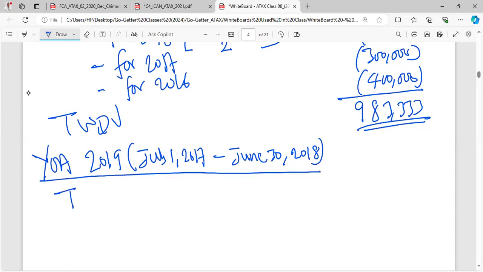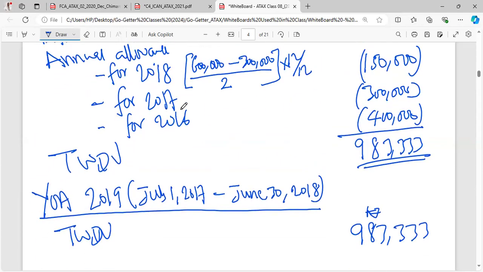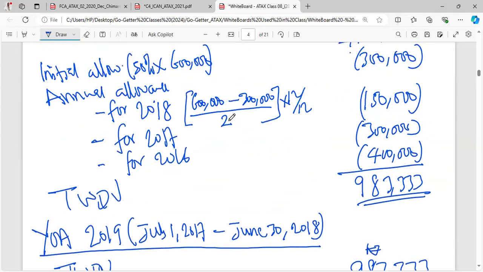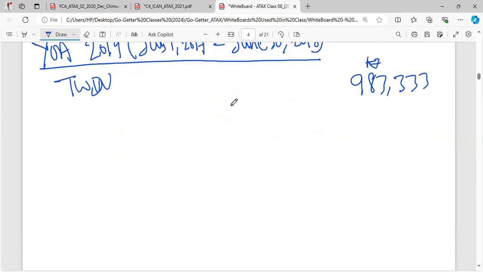So the tax written down value is 983,333. Then there is no addition. So now this is the last year of the asset. There is no addition. This is the last year. So you simply claim annual allowance.